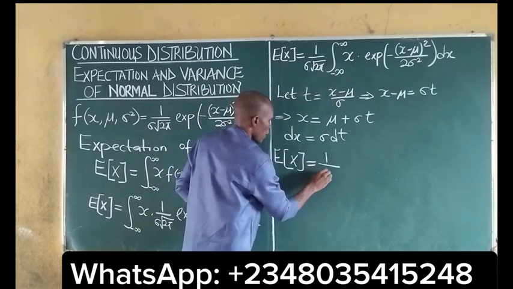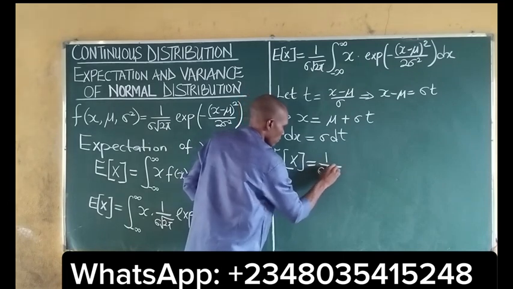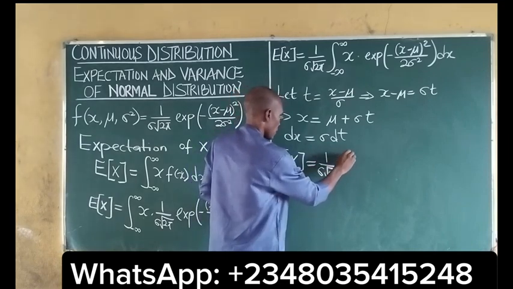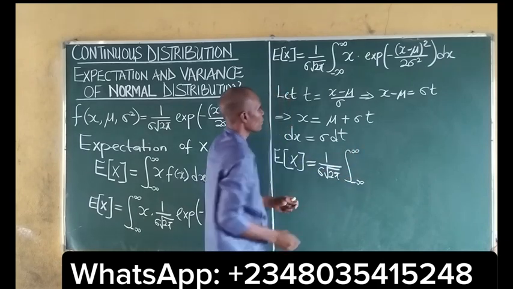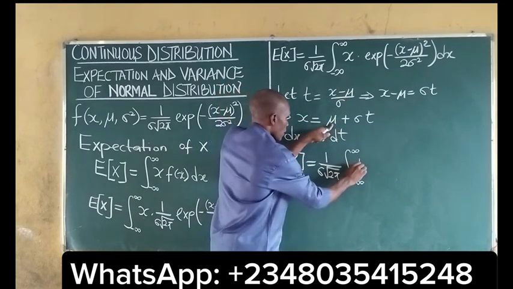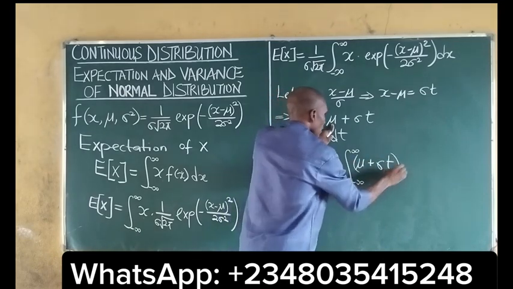So we have 1 all over sigma square root of 2 pi, integral from minus infinity to infinity. This x becomes mu plus sigma t.